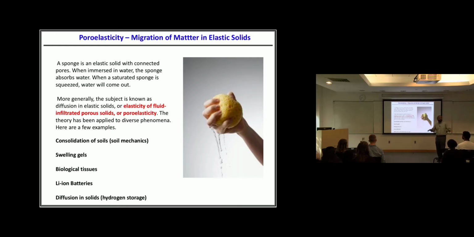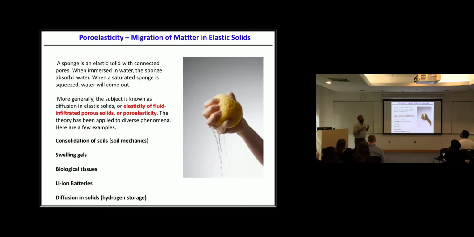So you have a solid material like the ligaments of a sponge that can soak water, and that's poroelasticity. The elasticity of a fluid-filled porous solid is called poroelasticity because the solid is porous. Because all biological materials, including cells, tissues, and ECM, have fluid, and without fluid there is no life, they also have to be poroelastic.